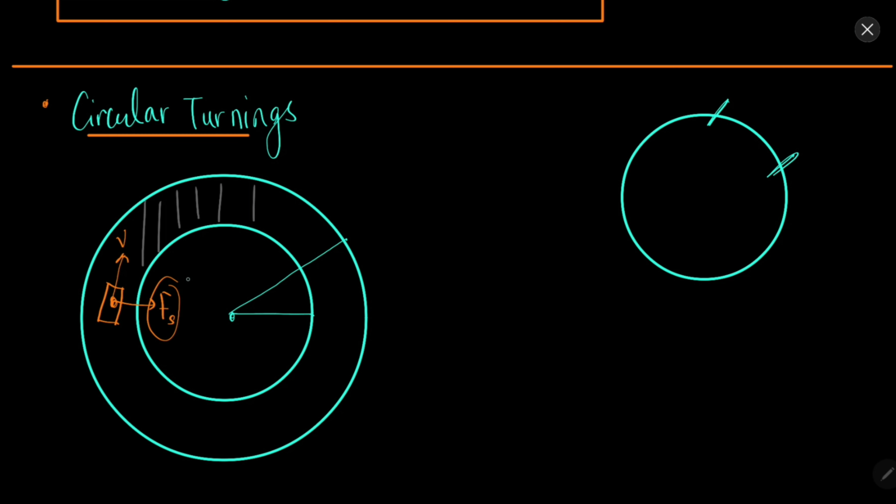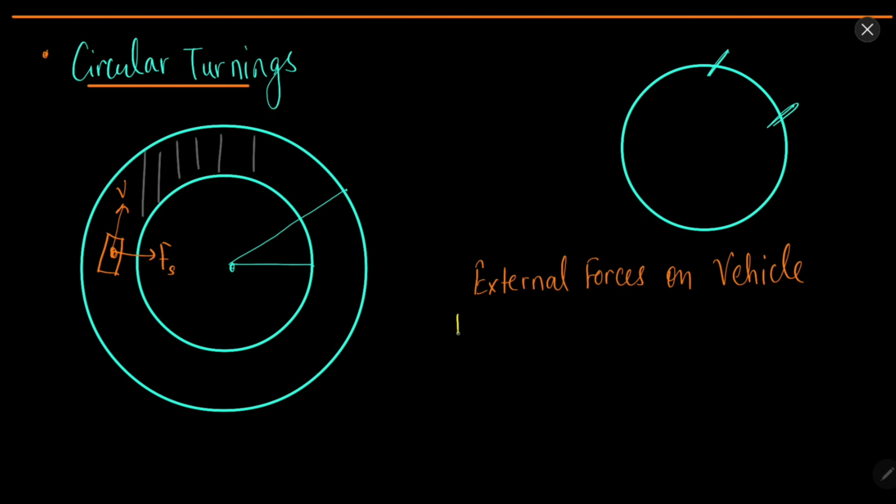Before we discuss Fs, let's discuss the forces which are on the vehicle. First, let me write, external forces on the vehicle. First is the weight of the vehicle, that is mg. Let's say the mass of the vehicle is m.